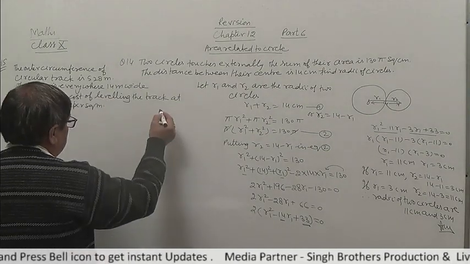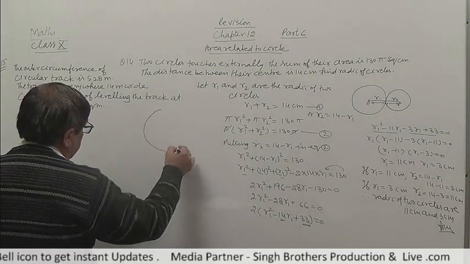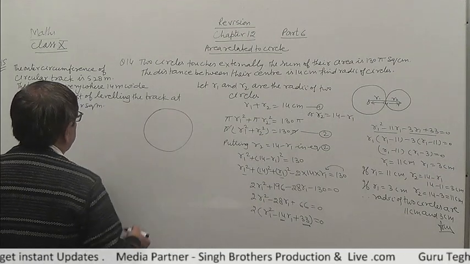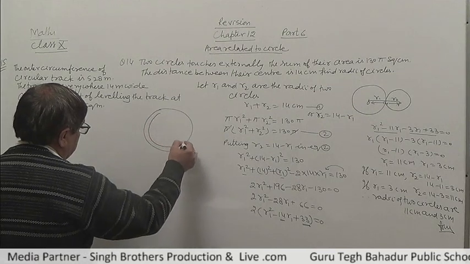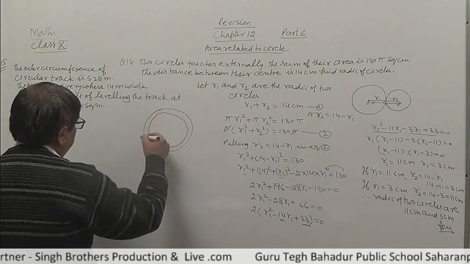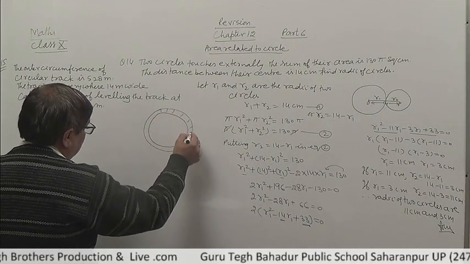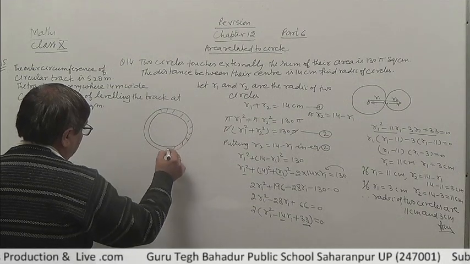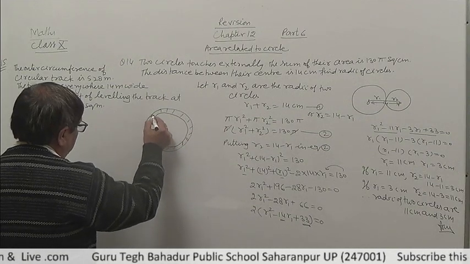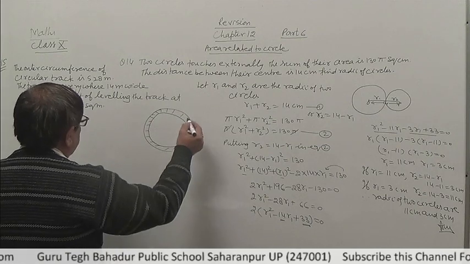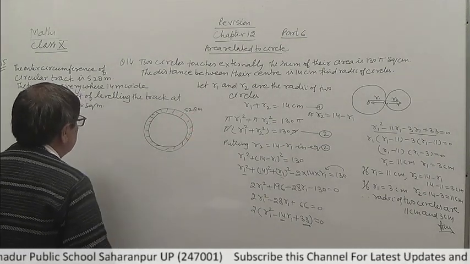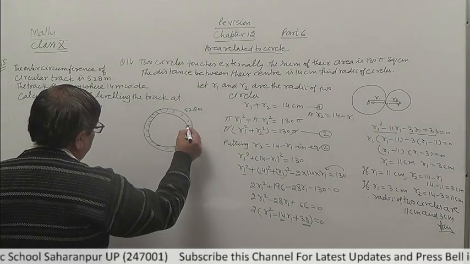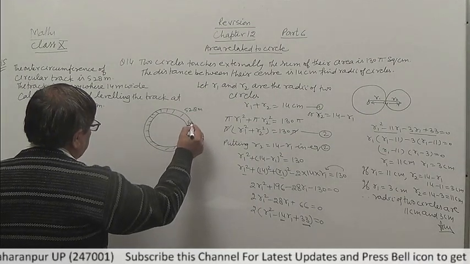So see, this is our track. Outer circumference is 528 meter. This distance is 14 meter.